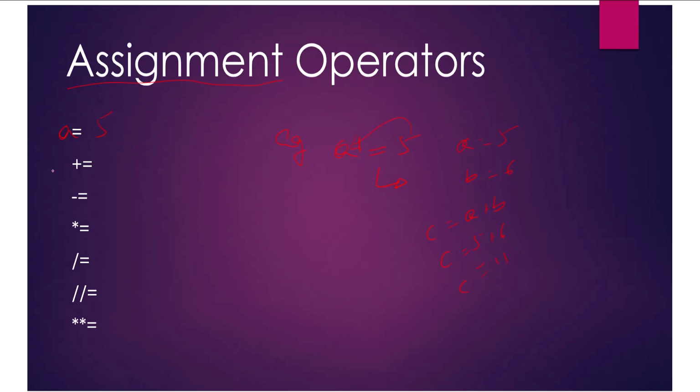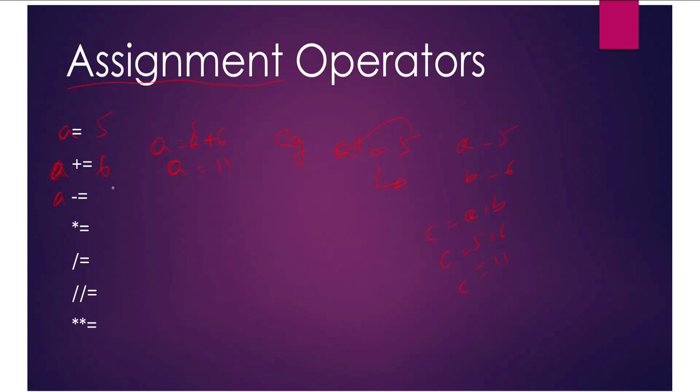But it will be easier to do a plus equal to 6. Here the value stored in a will be 11. Internally, it will process as a equal to a plus 6. Here 5 will be there and 6, 5 plus 6 is 11. So a will have 11, and the 5 is updated with 11.